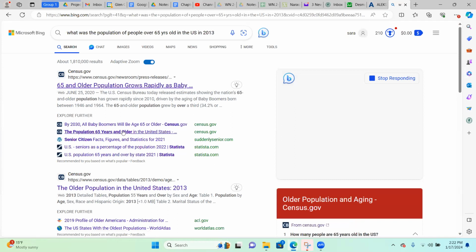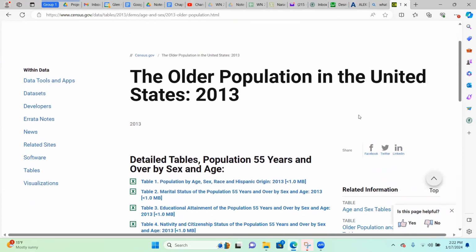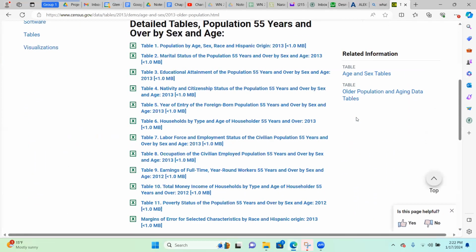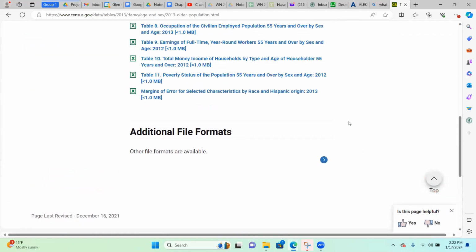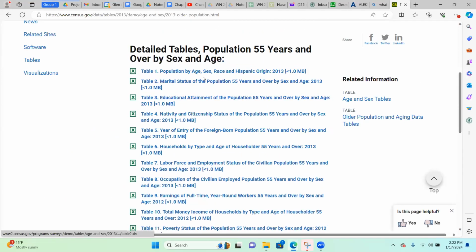Let's see if they actually have the data. So there is a table from the census.gov. It looks like it's giving us that data for 2013. So this is great. This is population by age. Let's check this one out here.